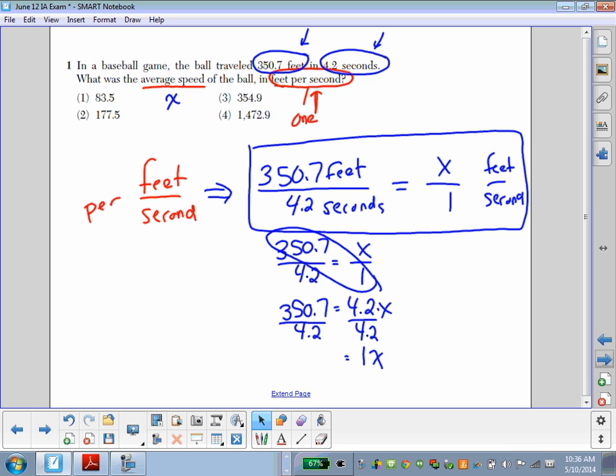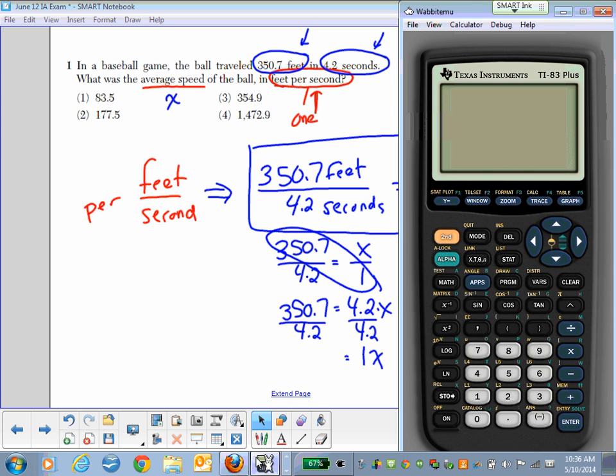And I'm going to look at my calculator here to divide 350.7 by 4.2. So here's my calculator. I'm going to say 350.7 divided by 4.2. I'm going to get 83.5.